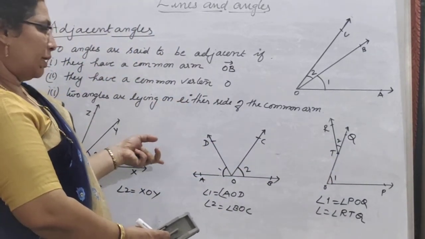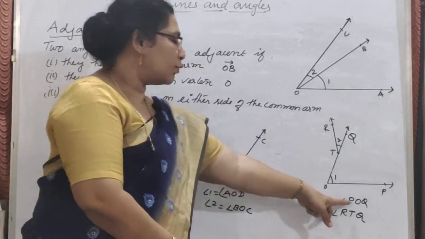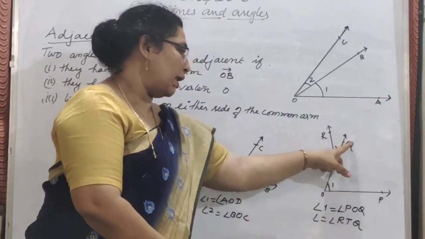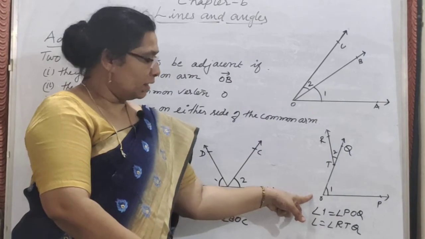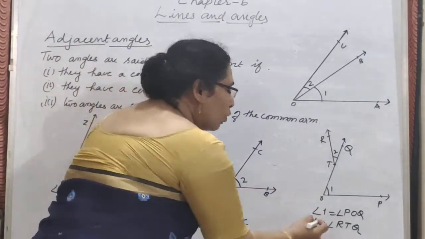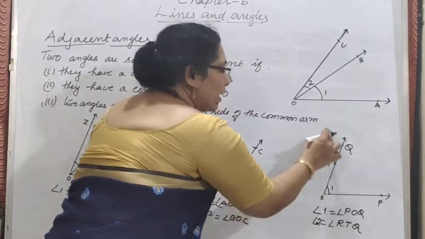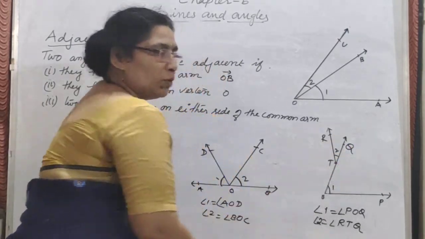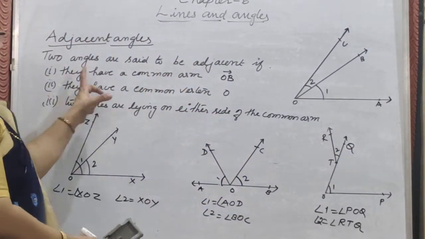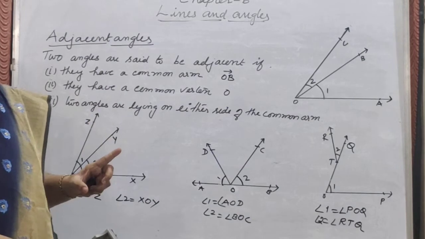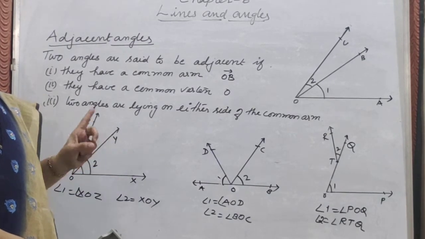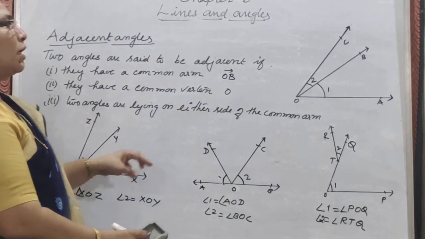Now arms for POQ are OP as well as OQ. But for angle 2, the arms are TR and TQ. So that is also different. If any one of the conditions is not satisfied, then that pair is not an adjacent angle. So you understood this one.